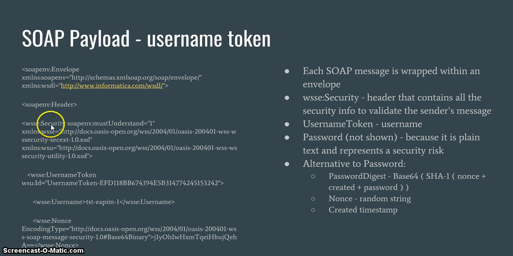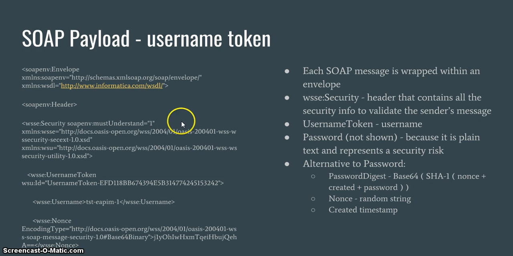So here there's the security header, and then right here there's the username token, and then there's also a nonce. The nonce is also used to create the password digest. The recommendation is that if you're going to use this header, you should make sure to use a password digest, which is not the actual password, but a digest of it, and that will prevent someone being able to read the message.